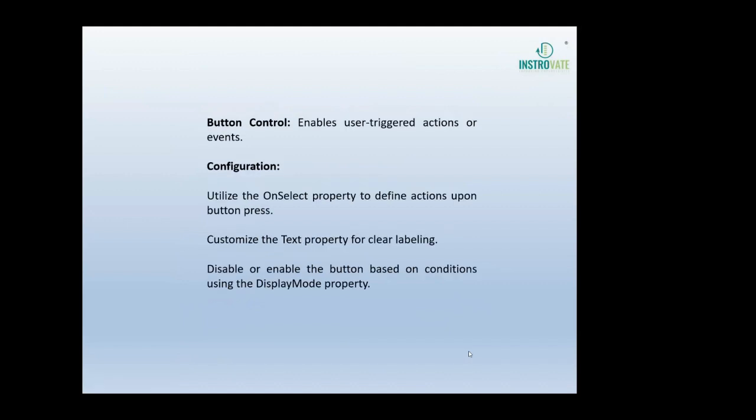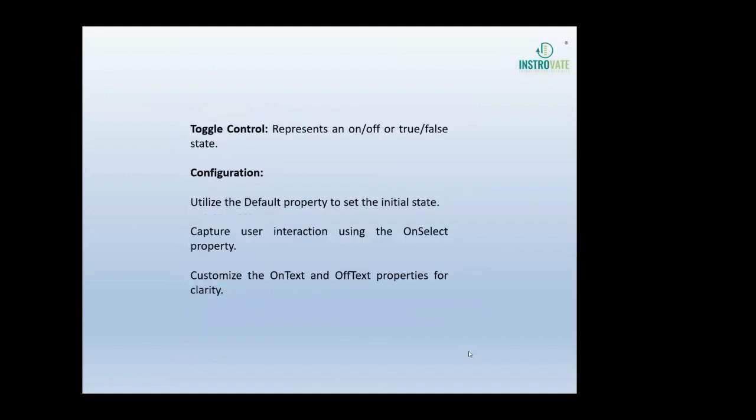Button control enables user-triggered actions or events, like I have used the button control for navigating my screen 1 detail to screen 3. Similarly, toggle control represents an on, off or true, false state basically.